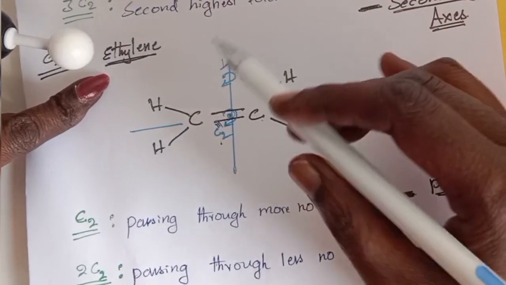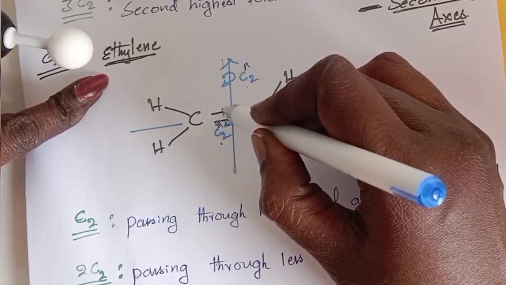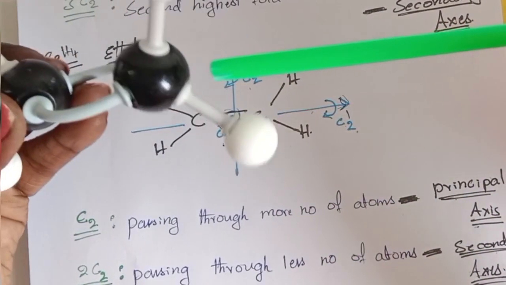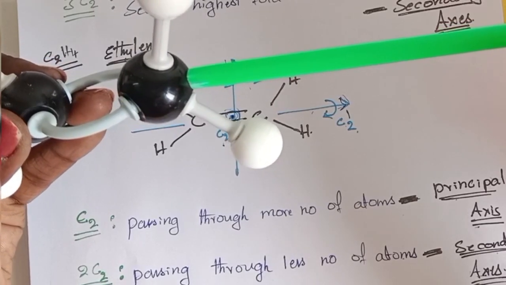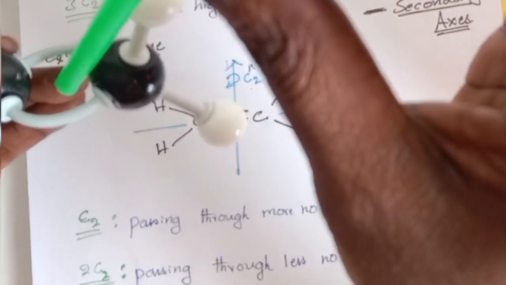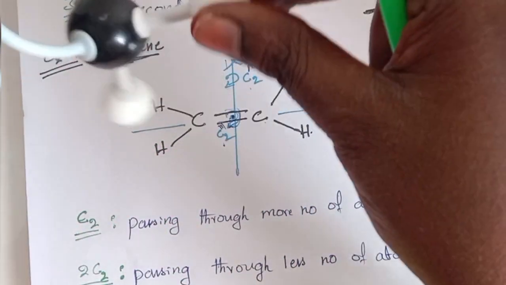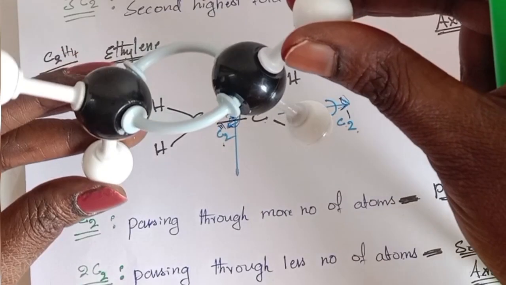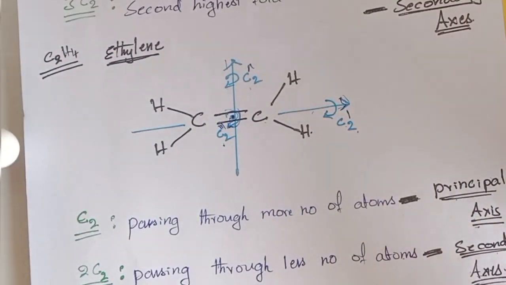One C2 is also possible through the center of gravity. If you see in the model, the axis is like this. This is one C2, and if I put the axis like this, it is another C2, perpendicular between them, that means 90 and 180. So like this, 3 C2s are possible.